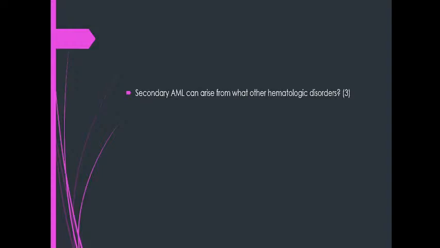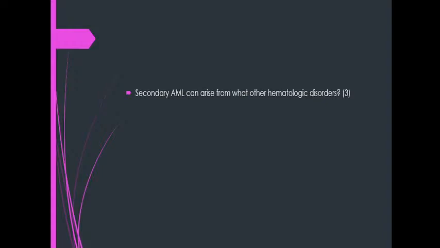Now, secondary AML can arise from what other hematologic disorder? So for example, you don't have AML, but this time it can become AML from what other types of hematologic disorders?